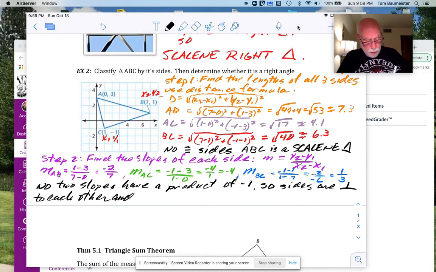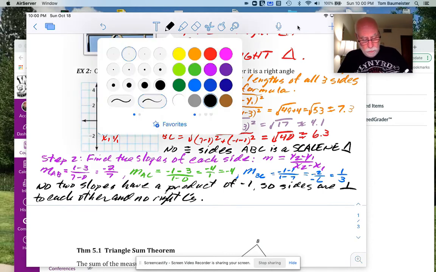And so there's no right angles. And on this one here, we would find out if we measured them, but again, I'm not going to make you do something that you can't do yet. And I think on the homework, you'll be okay.